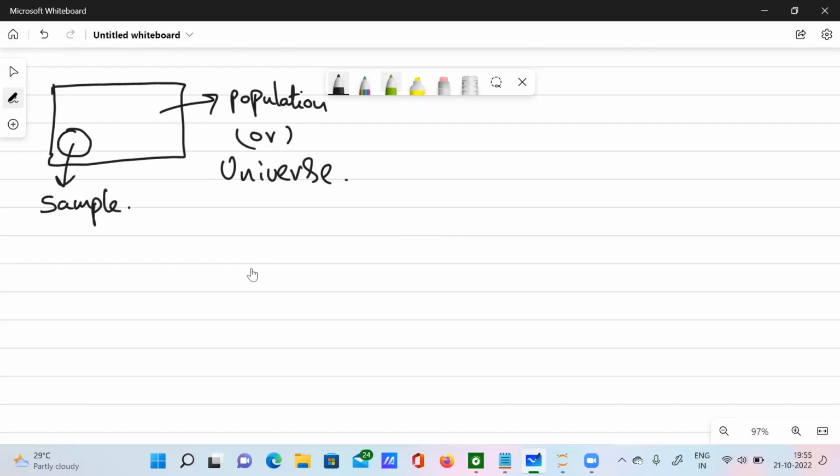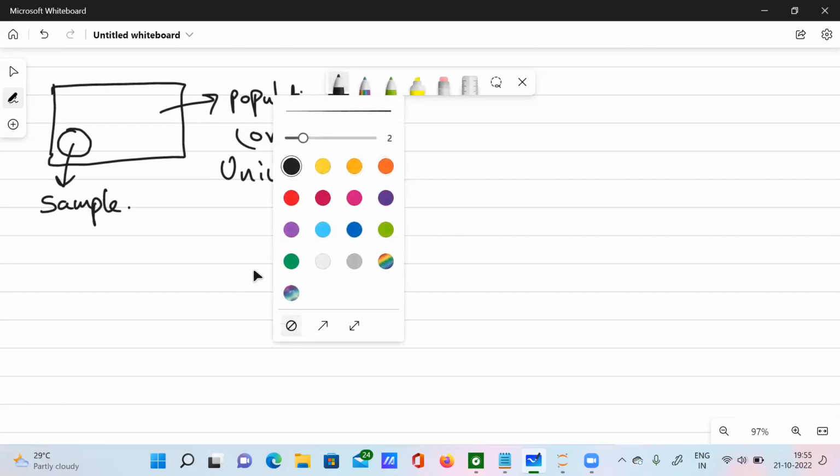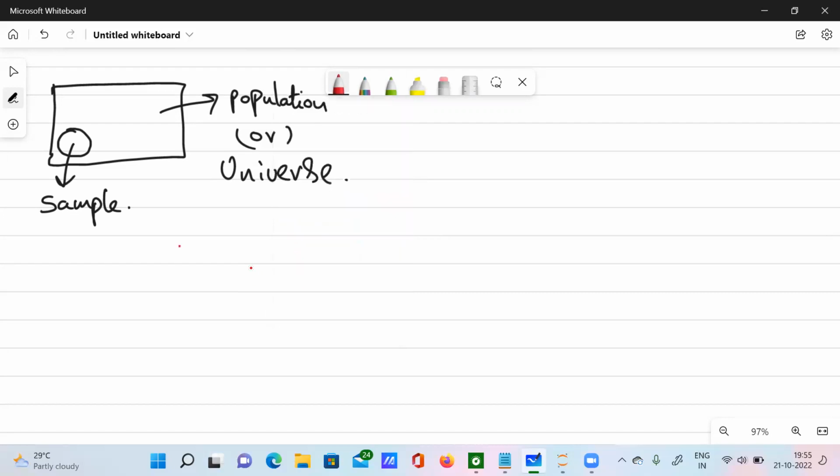And one interesting thing about these two is that the sample data won't change. This sample data won't have any kind of fluctuations.